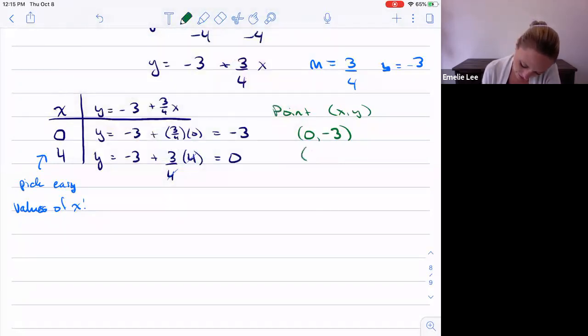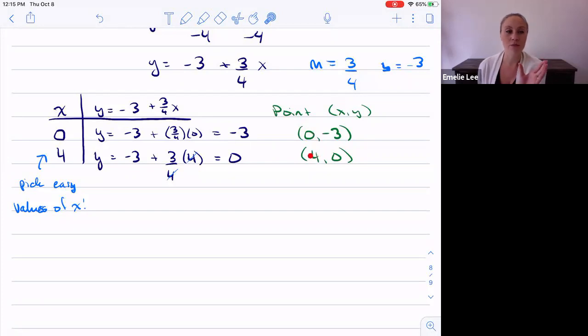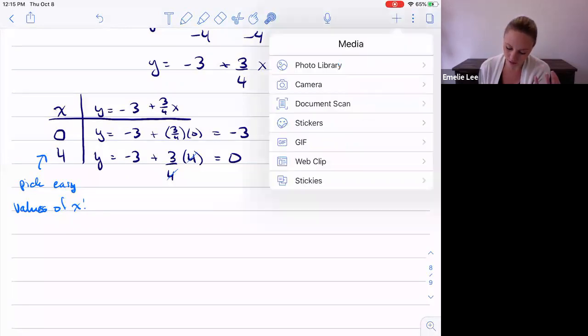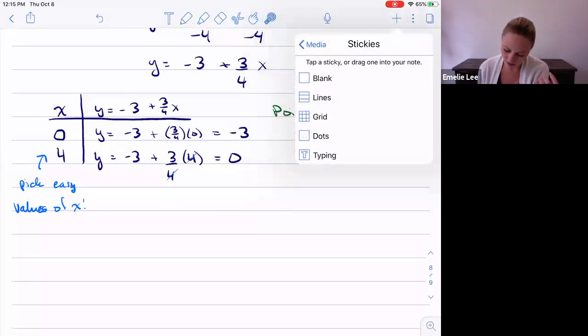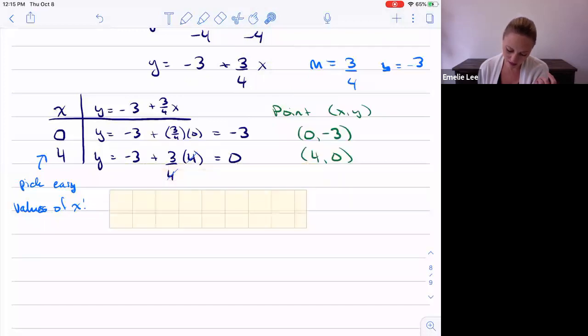So the point that I'm looking for is at 4, 0. Checking in, if you have to draw your axes on your own, you've got x going from 0 to 4, you have to have room for at least those, and y is going from -3 to 0, so you have to have room for at least those. I'll use one of these stickies again.